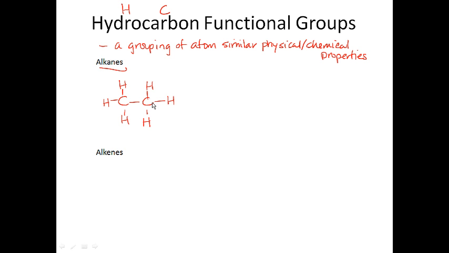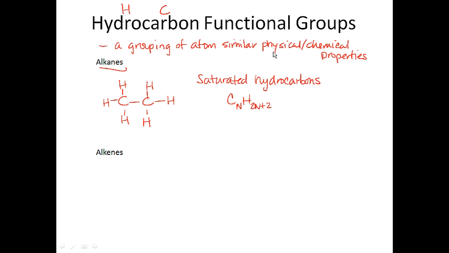Alkanes are sometimes called saturated hydrocarbons, because with all single bonds they contain the maximum amount of hydrogen per carbon that you can have. The general formula for an alkane is CnH2n+2.